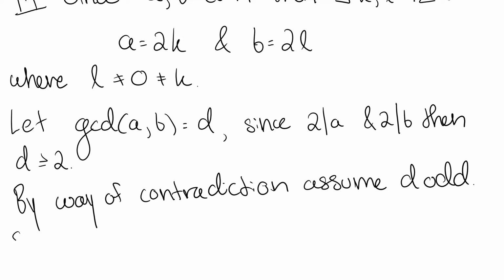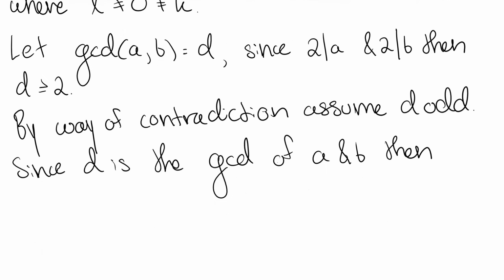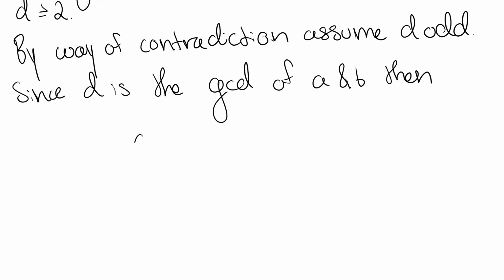Since D is the greatest common divisor of A and B, then D divides both of them. D divides A and D divides B.